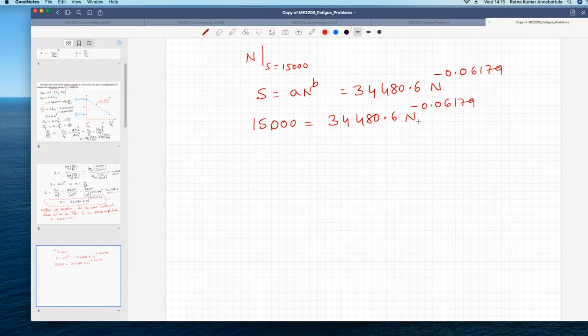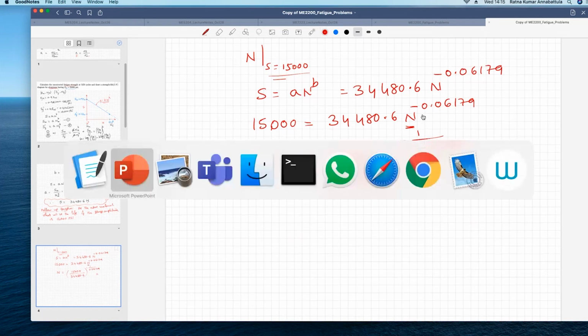I need to find out what is my N corresponding to this value, right? So that is what I have done. So N equal to 15,000 divided by 34,480.6 to the power minus 1 by 0.0617. What would that be? Let me calculate quickly.